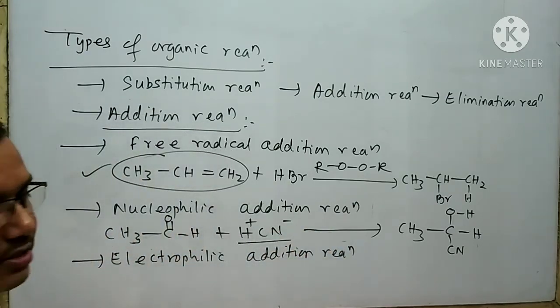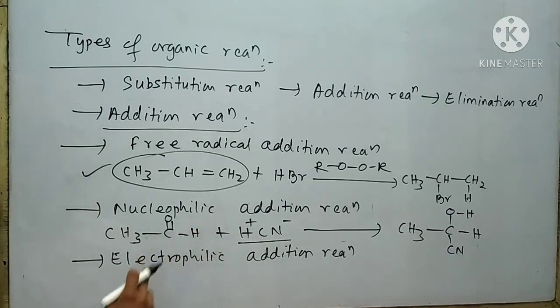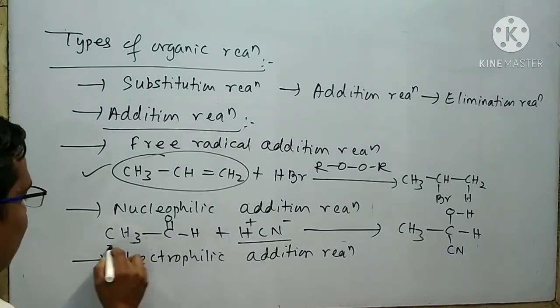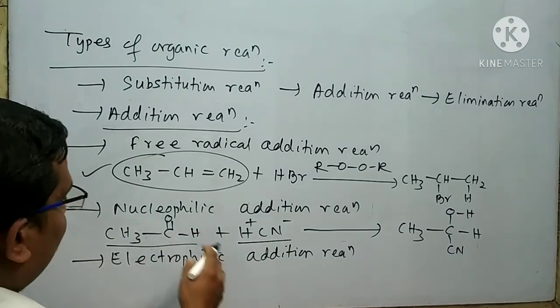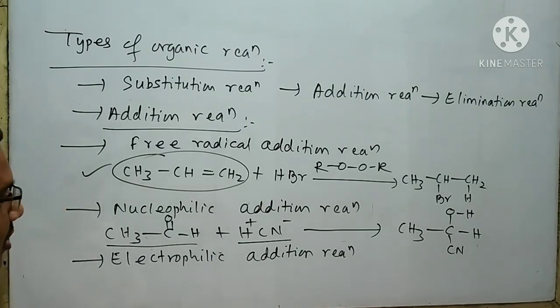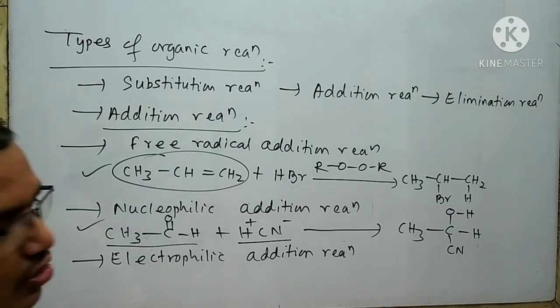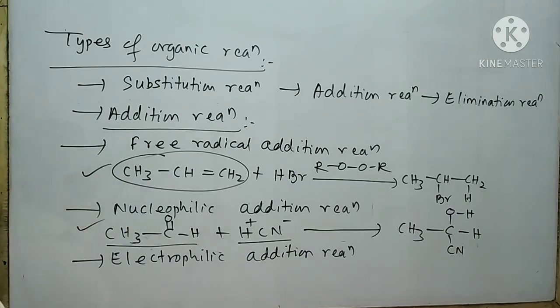Here CN minus ion is an example of nucleophile. This nucleophile first adds to this organic compound. So this is an example of nucleophilic addition reaction. Here a nucleophile plays an important role during addition reaction, so this type of reaction is called nucleophilic addition reaction.